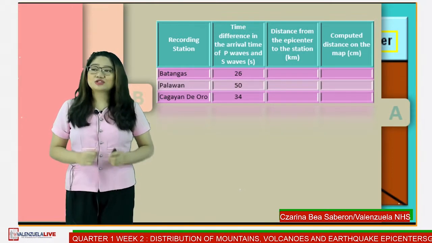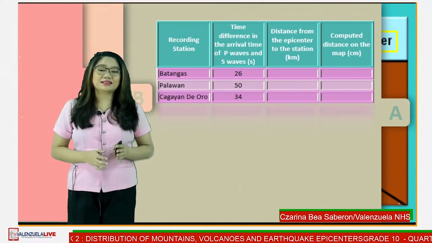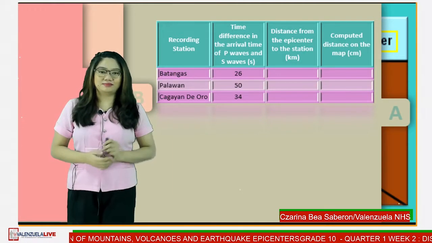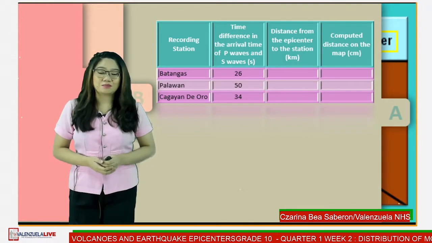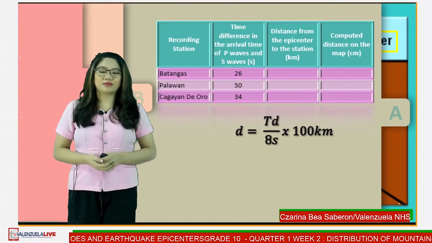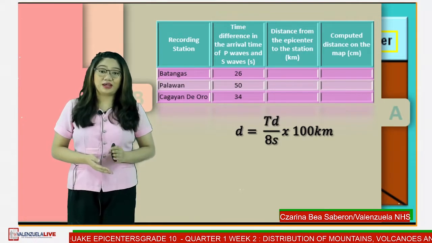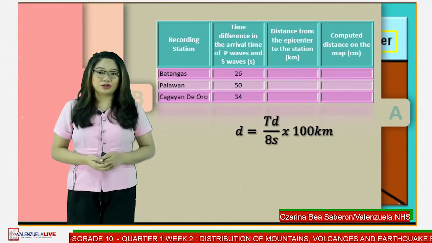All right, so for our next step, we are going to determine the distance from the epicenter to the seismic station. And we calculate that through this particular equation. So distance is equal to time difference over 8 seconds, and that is constant, times 100 kilometers.